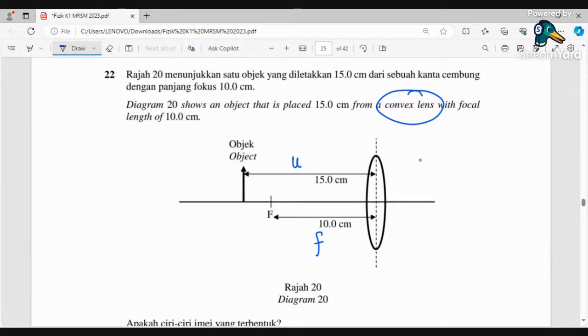So you can see U 15 means U is larger than F. If you put here another one 2F, so it will become 20. Okay, ini 10, sini ialah 20 lah. So means the U is between F and 2F.